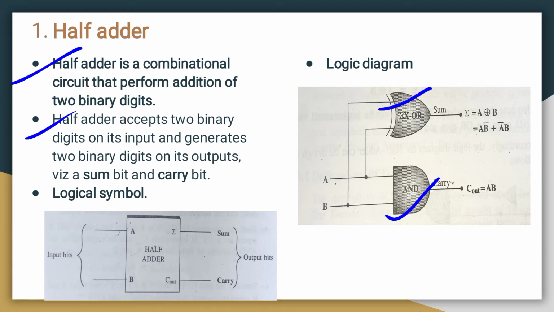When we give A, B as input to the AND gate, it performs A into B, nothing but C out. When we give A, B as input to the XOR, we get A XOR B as the sum. So this is about this slide.